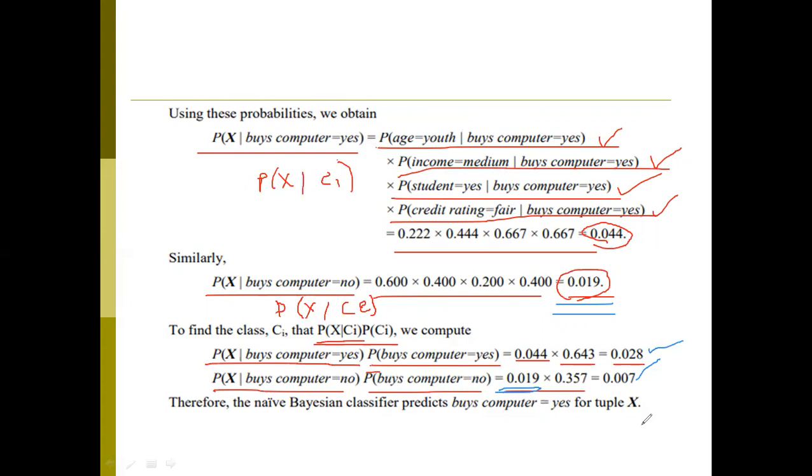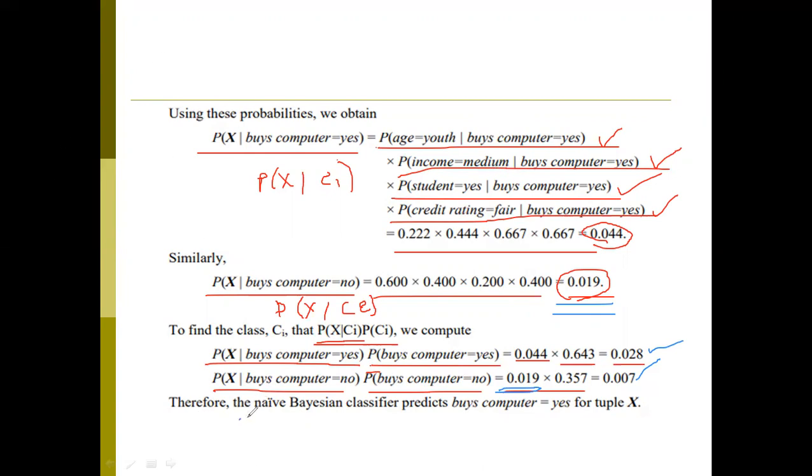So for the given tuple X, we have found the probability of yes is more, which means the person who has this kind of tuple record may purchase a computer. The probability of purchasing a computer is more than not purchasing a computer. This is the conclusion of this topic, right?